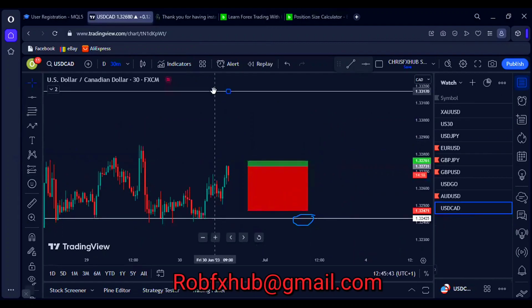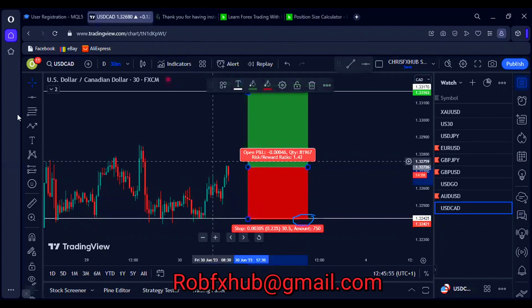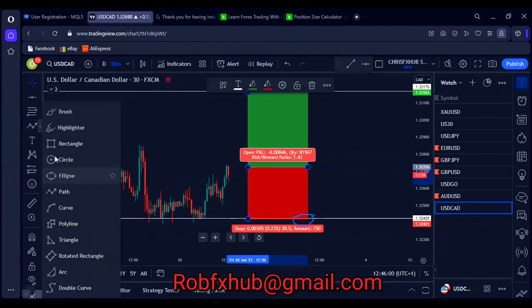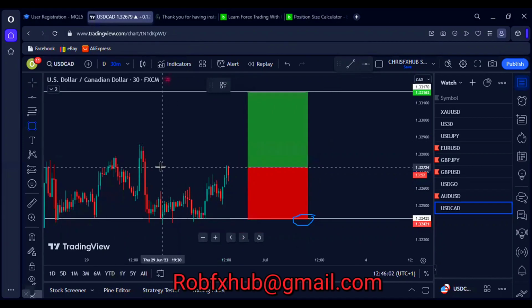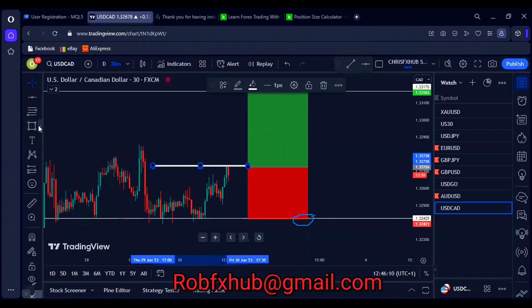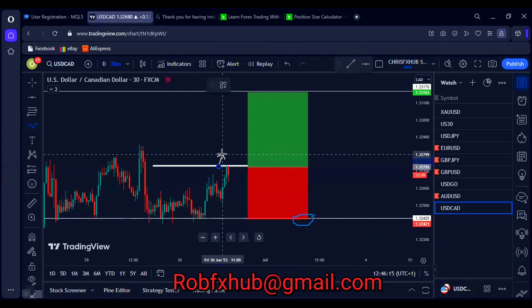These are targets, these are entry, these are stop. For instance, this might not be the best place for entry, but for the purpose of learning, just understand what I'm trying to communicate. Let's say these are entry, these are target.